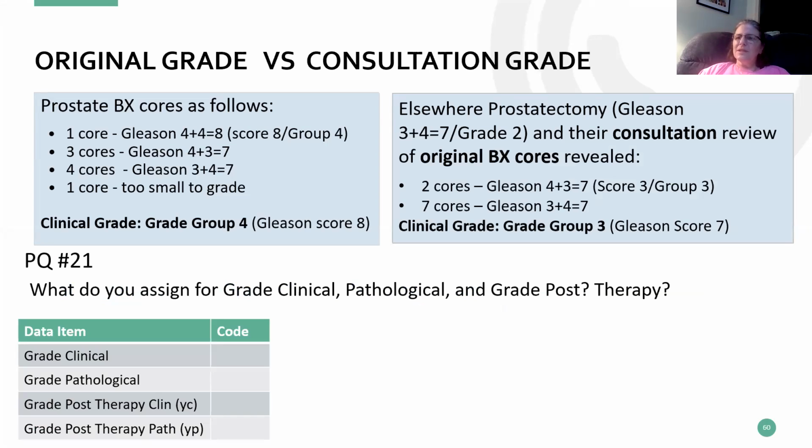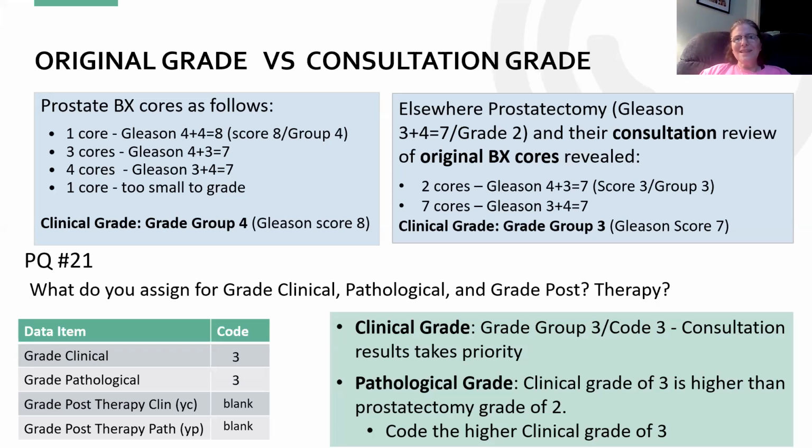Then elsewhere, the prostatectomy Gleason 3 + 4 = 7, grade group 2, and their consultation review of original biopsies revealed that the Gleason score was 7. So the original is saying 8, the consult is saying 7, so what do you record? You would record the 7 based on the consult. So the consultation result takes priority.